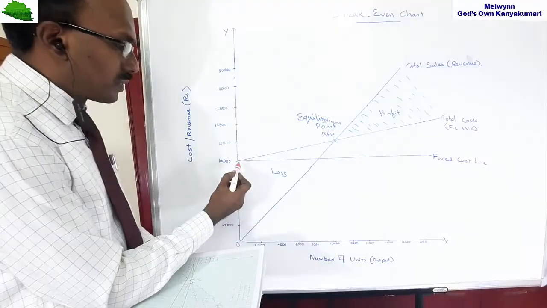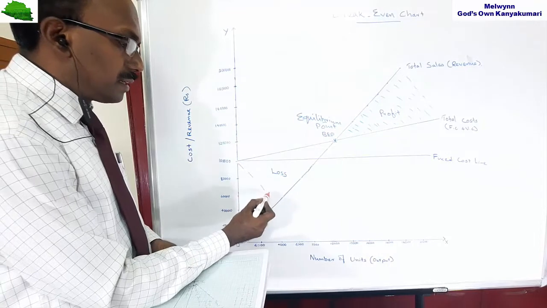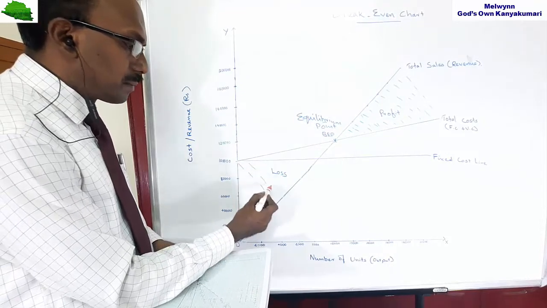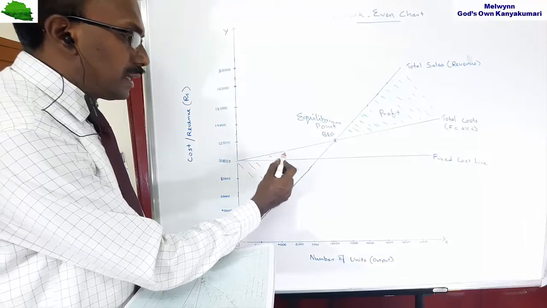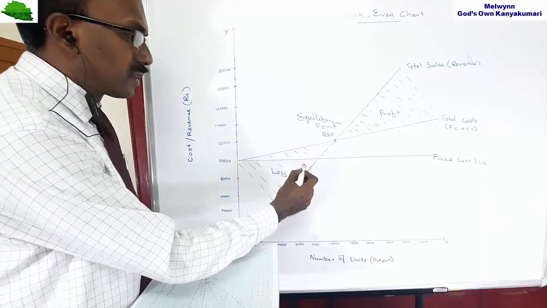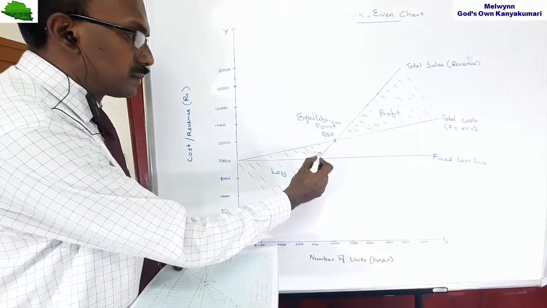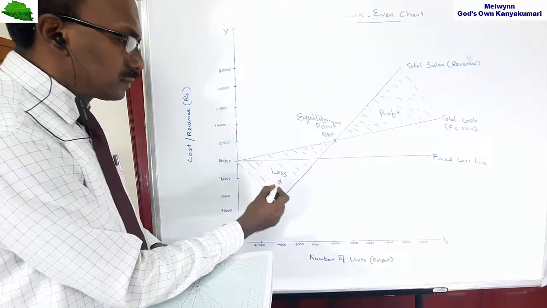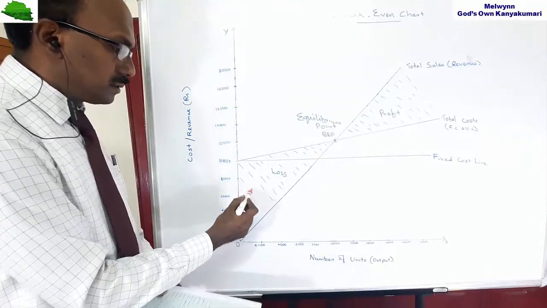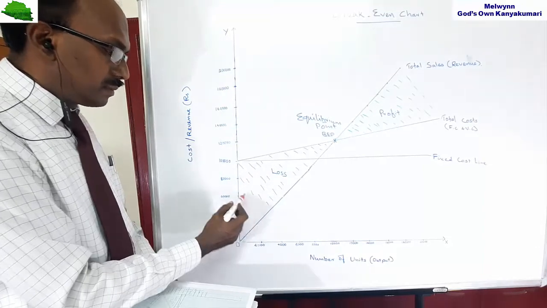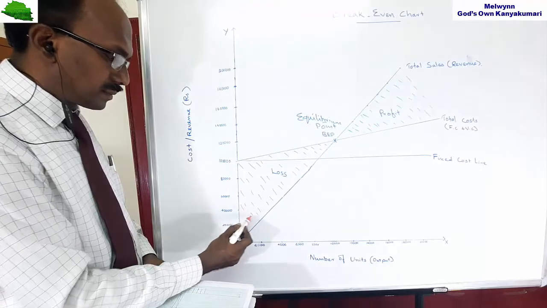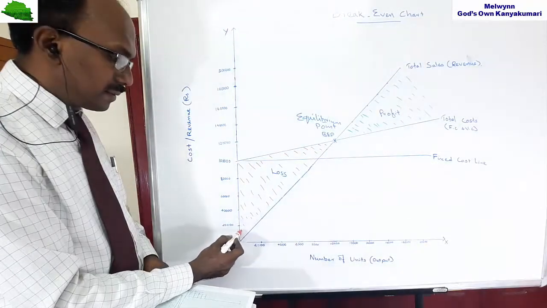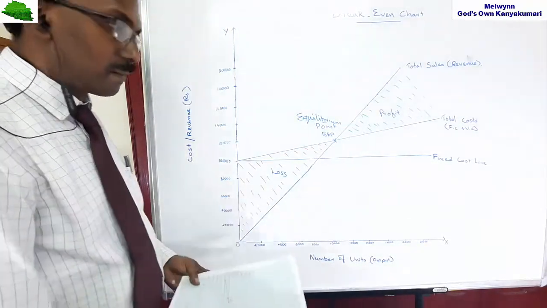Then the area shaded by red ink is loss. In this break-even chart, the area shaded in red ink is loss to the business.